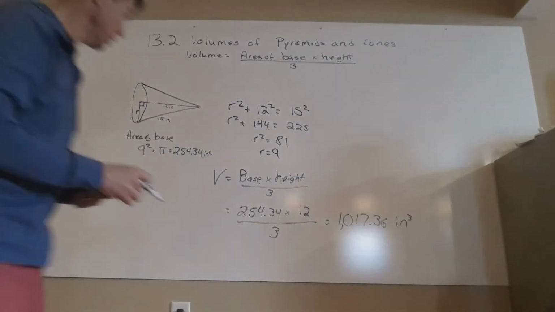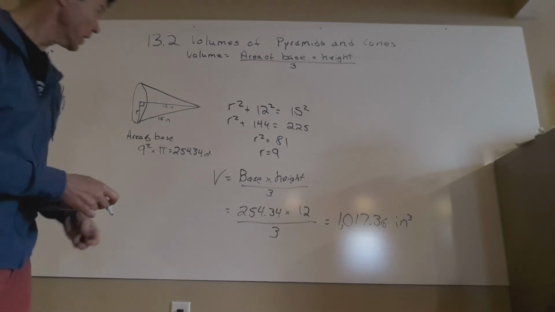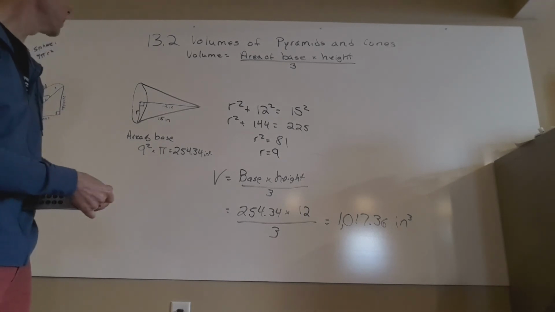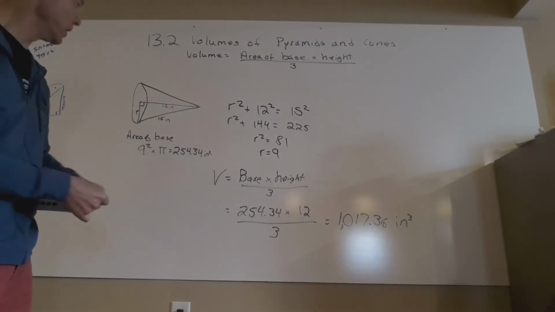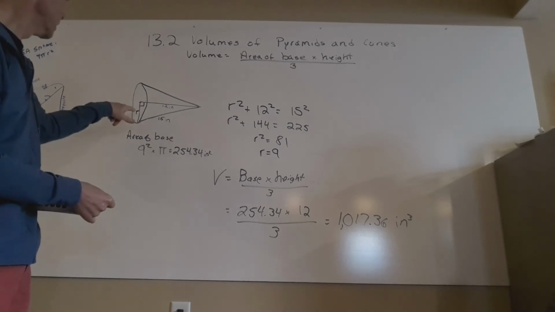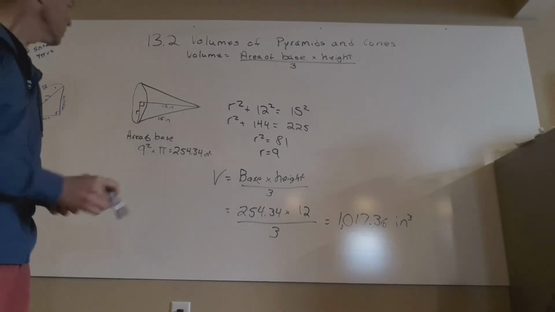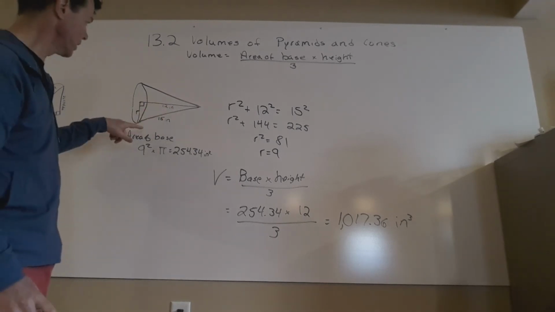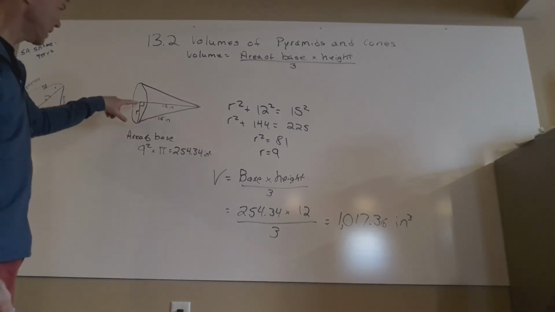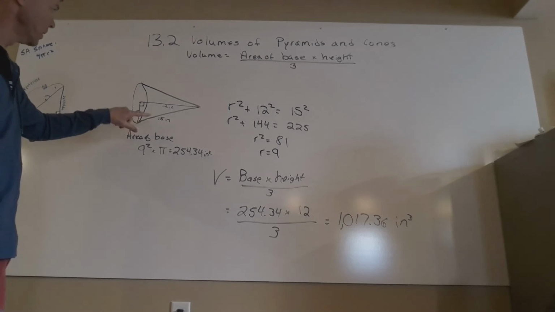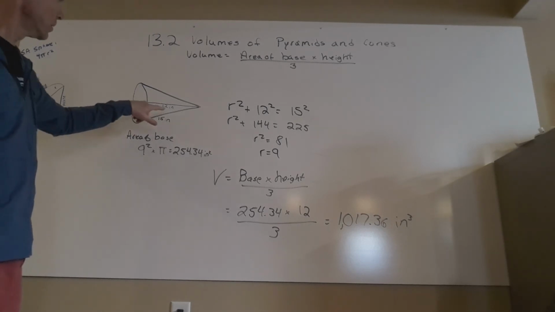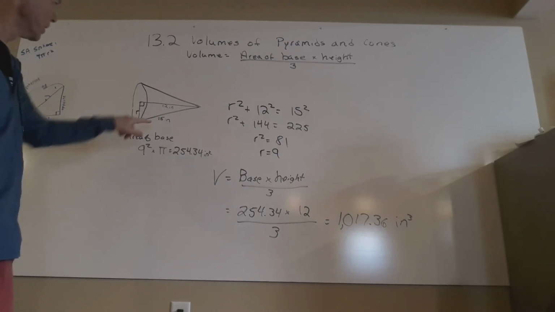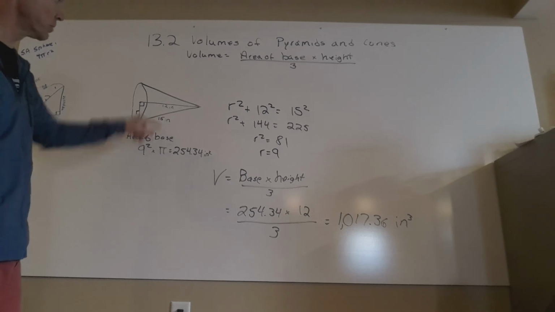So just to go over this again, I had to use the Pythagorean theorem to calculate the radius. I don't know what these angle measurements are, so I cannot use trig functions. Anyway, it's good old Pythagorean theorem. Radius squared plus this leg squared, which is 12 squared, is going to equal the hypotenuse squared.